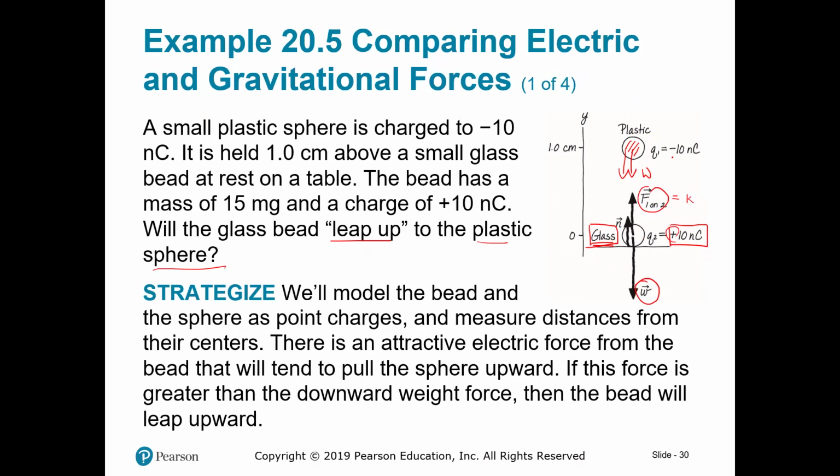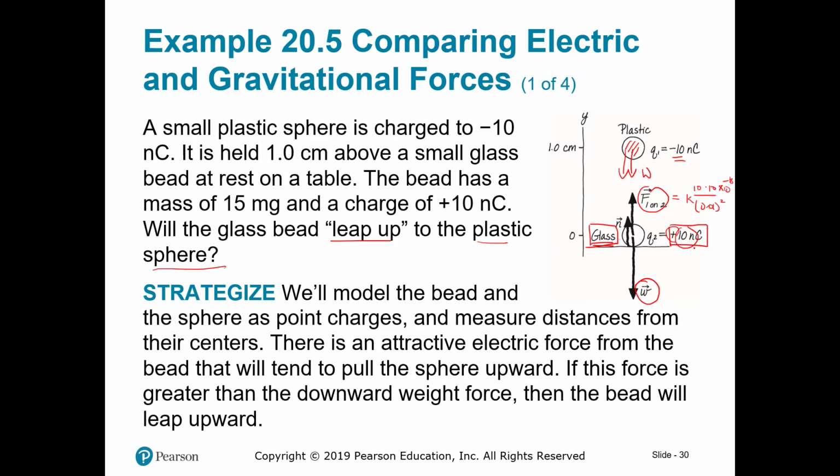And this electrical force is again simple. K times Q1 is 10 nanocoulomb times 9 times 10^9. I'm not gonna write it down here, but the other one is 10 nanocoulomb, divided by R, which is 0.01 meter, squared. So of course you have a 10 to the minus 18 here, right?